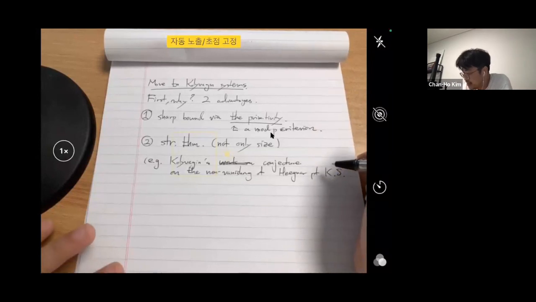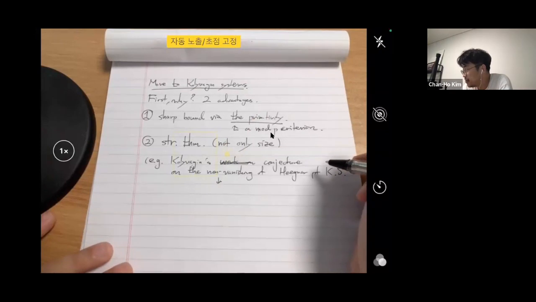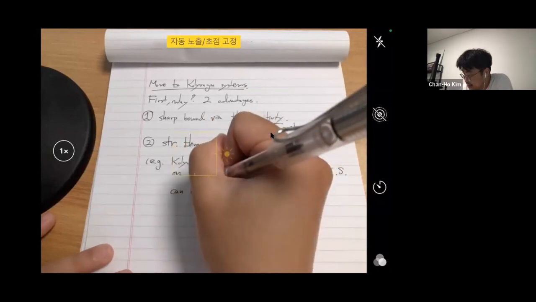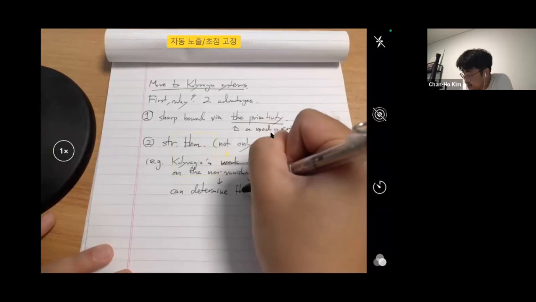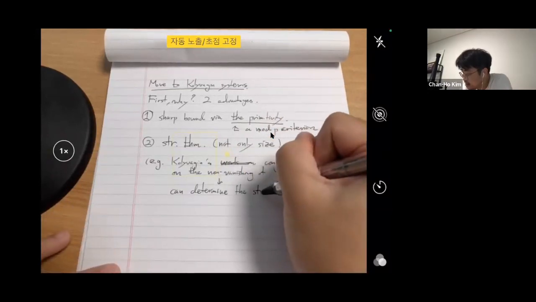Its motivation is that if we know this conjecture, then we can determine the structure of Selmer groups in terms of this Heegner point Kolyvagin system.